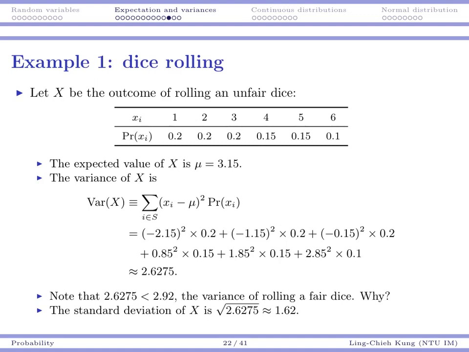On the other hand, for the fair dice, it's really hard to guess because all the values have an equal chance to occur. So when one random outcome is easier to predict, then we say its uncertainty is lower and the variance obviously would also be smaller. We may also calculate the standard deviation, which turns out to be 1.62.